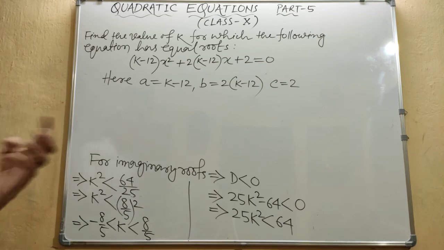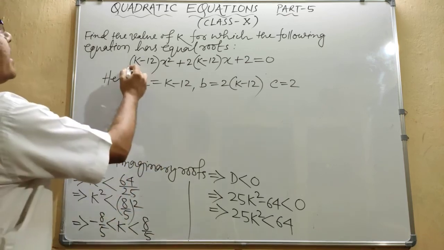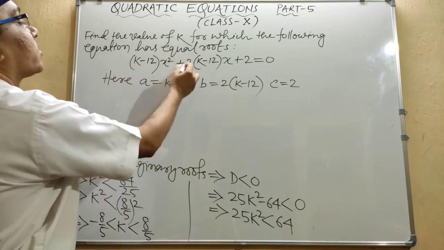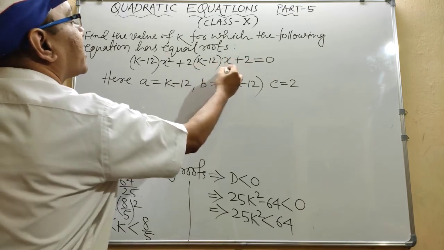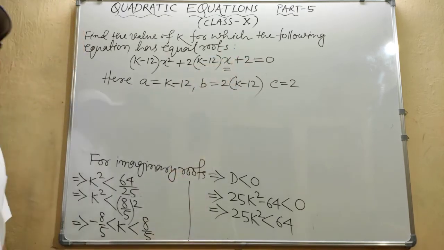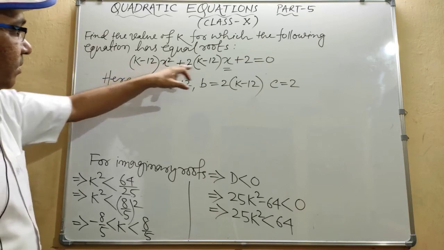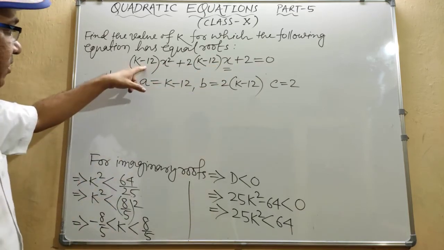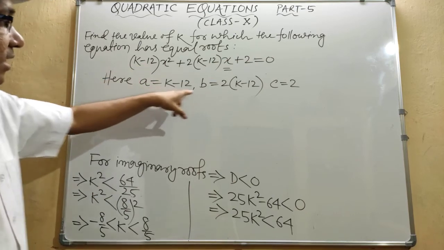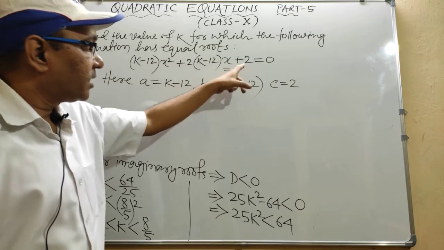Okay. k minus 12 x स्क्वायर प्लस 2k minus 12 x प्लस 2 इक्वल टू 0, ये x देखिए छूट गया था, इसको लिख लीजिए, तब तो ये क्वाड्रेटिक इक्वेशन टाइप का हुआ ना। So it is of the type ax square plus bx plus c equal to 0. Here in place of a it is k minus 12, in place of b it is 2k minus 12, in place of c it is 2.